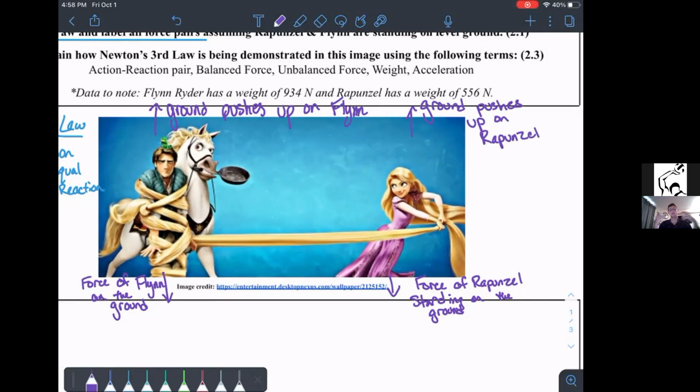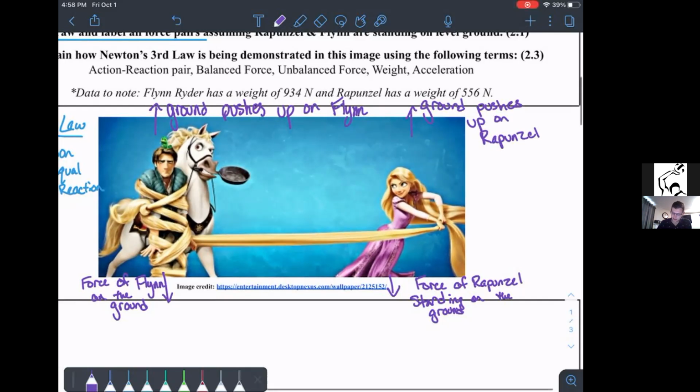So the ground's going to do the exact opposite of what the force is pushing down on her. So that means she's going to push back, or the force is pushing down the ground. So the ground's going to push back up on her. Okay, so that's 2 force pairs.